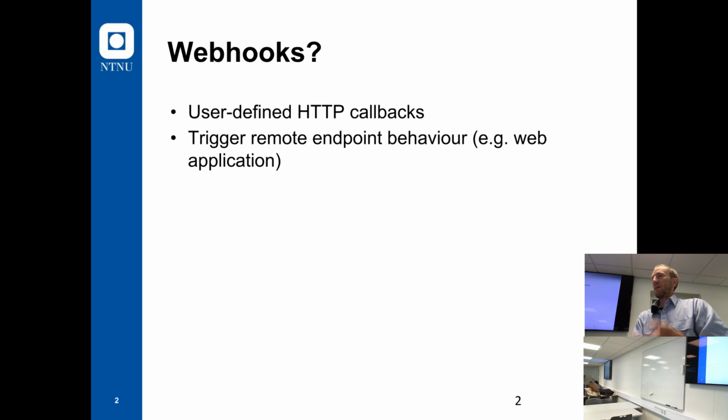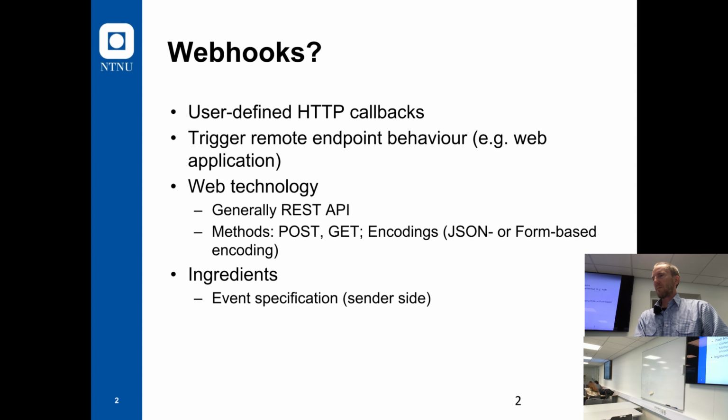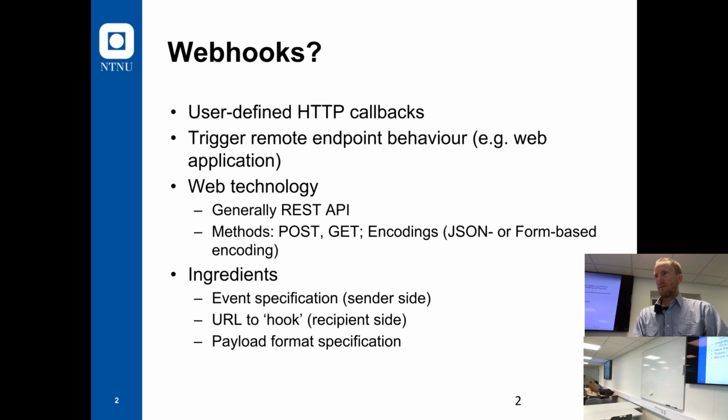In a nutshell, it's a form of user-defined HTTP callback, right? The simplest way to imagine it is you have committed something, and then GitHub triggers a webhook into Discord, which tells you that Mariusz made a commit.